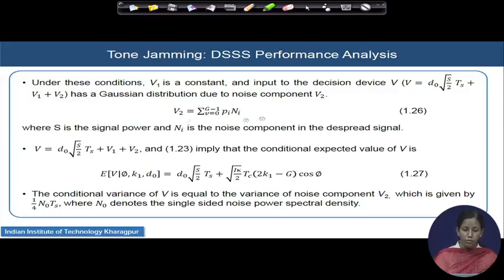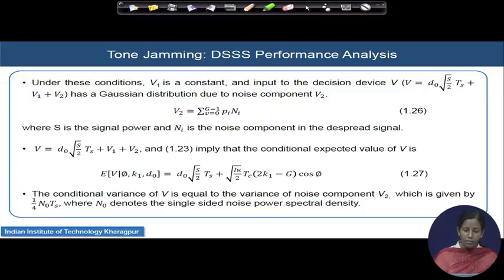The way V2 is expressed is similar to the way we express the jamming signal at the input of the decision device, and following the same thing, it will be given by this. This S is the signal power, this is the symbol duration, and Ni is the noise component in the received signal.